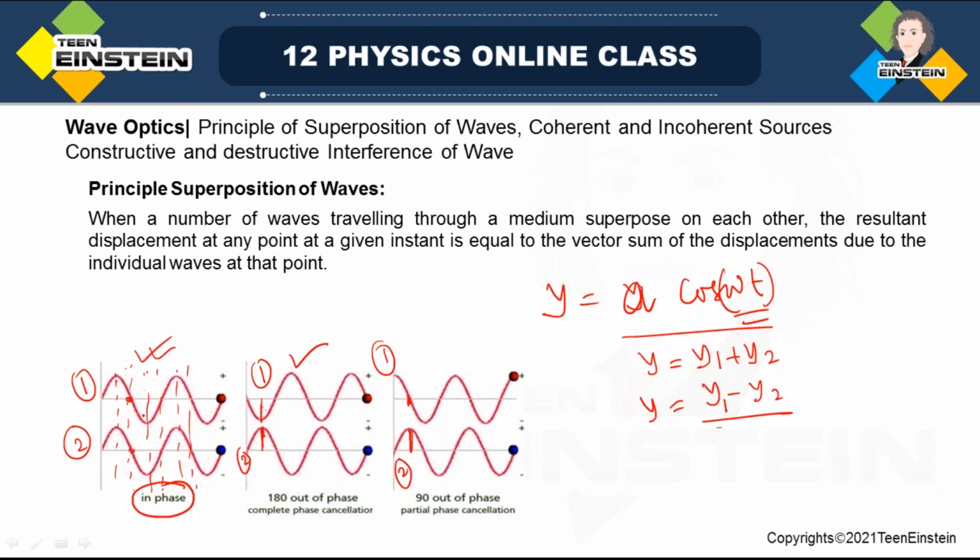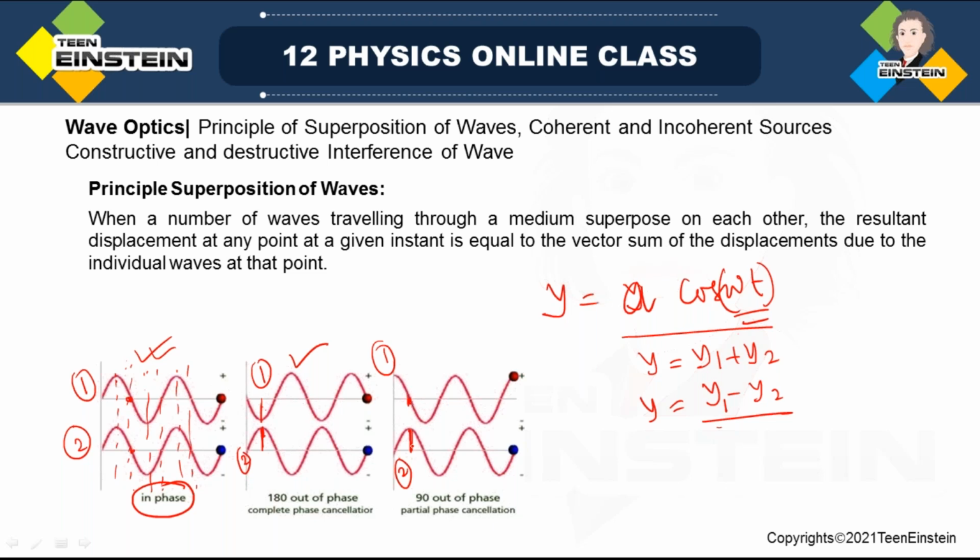So it is in phase when zeros, maximas and minimas occur at the same place. And when the waves are not in phase, their maxima, minima, and zeros will not occur at the same place. If the maxima occurs at a place for wave 2 and at the same place the minima occurs for the other, then it is called 180-degree out of phase.